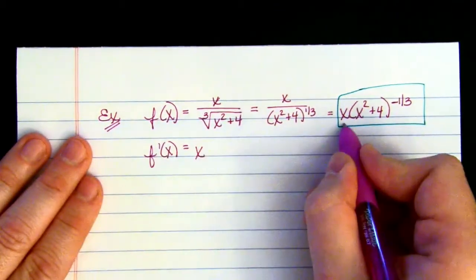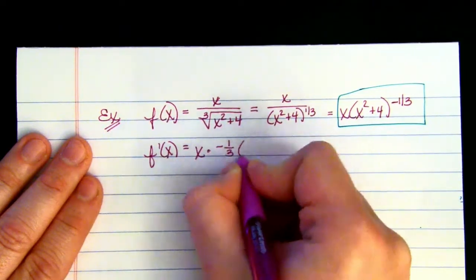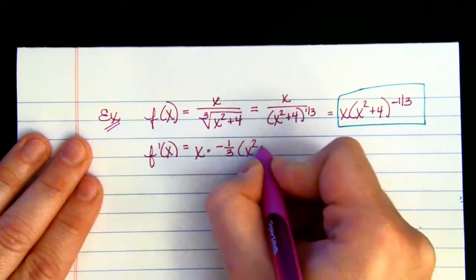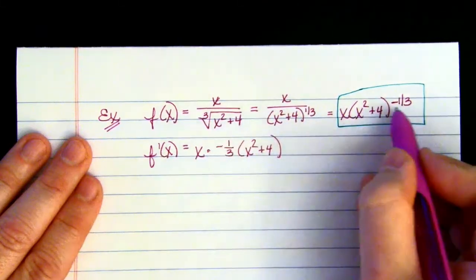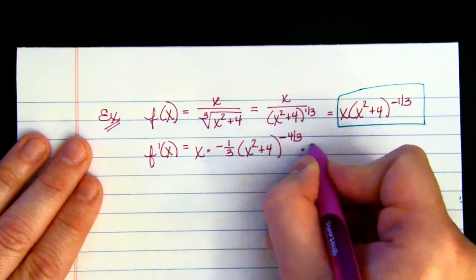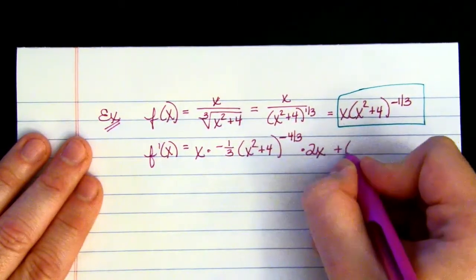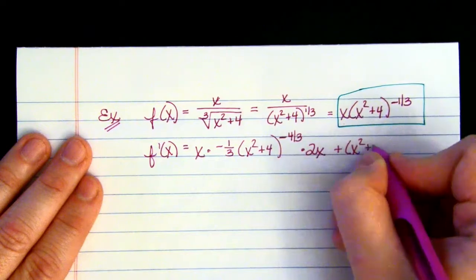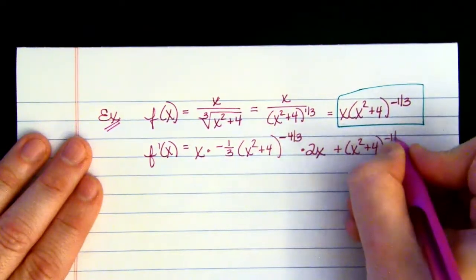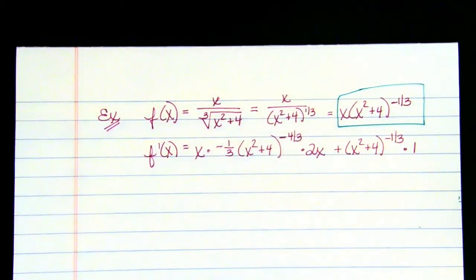First is x times derivative of the second, which is negative 1/3 times (x squared plus 4), subtract 1 from the power, you're going to get a negative 4/3 there. And by chain rule, times 2x, plus second, (x squared plus 4) to the negative 1/3 times derivative of the first, so just times 1.